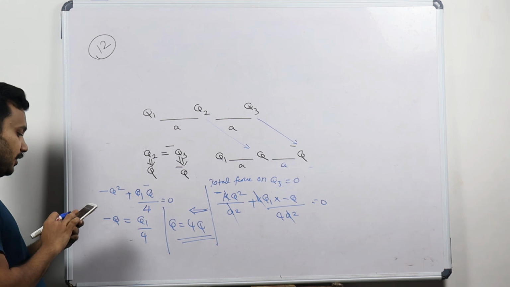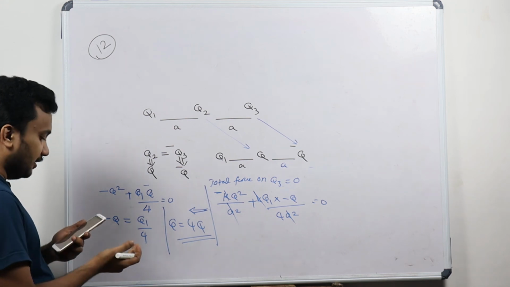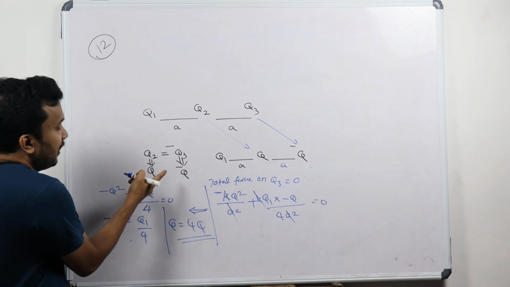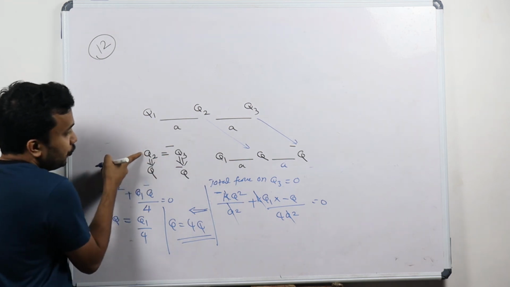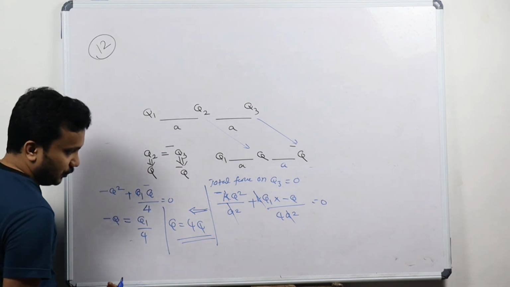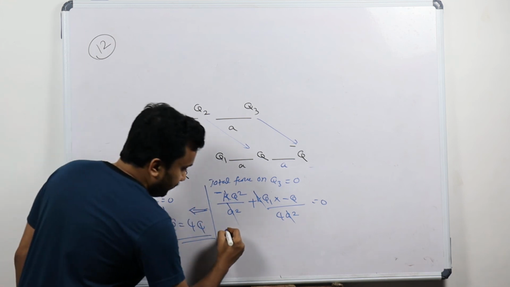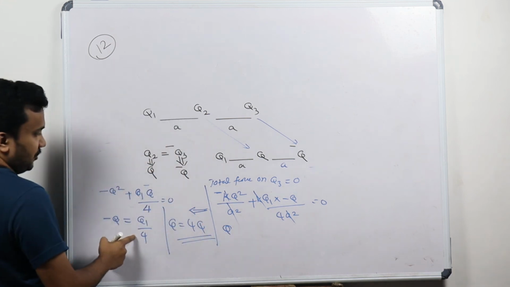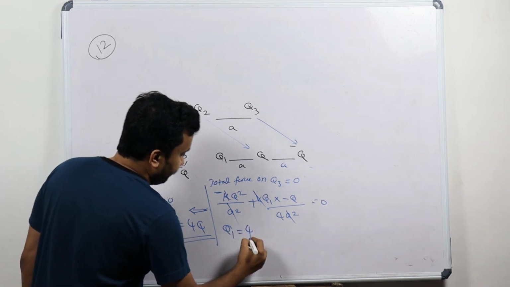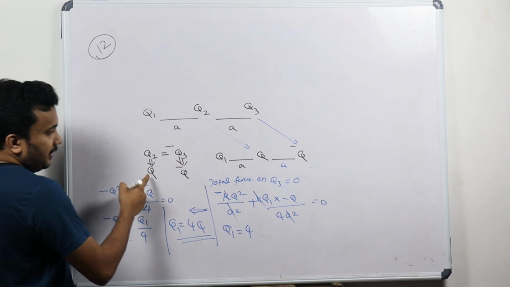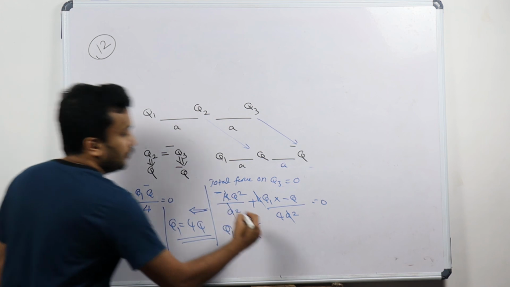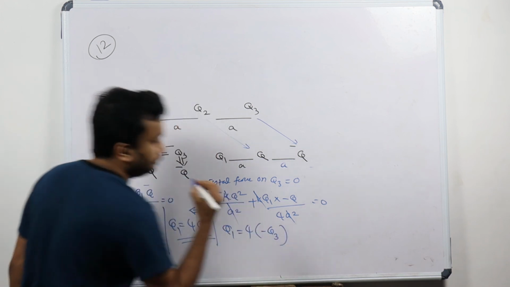Next, here they are asking Q1 in terms of Q3. So what have we considered? Q2 is equal to plus Q. Q3 we have considered as minus Q. So Q1 equal to 4 times Q means I can substitute Q as Q2, or I can substitute it as minus Q3.